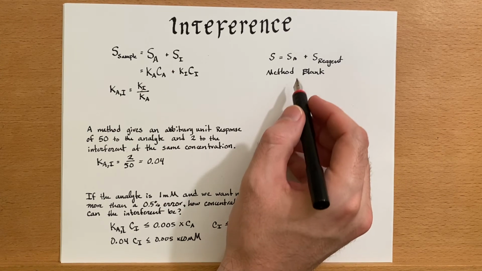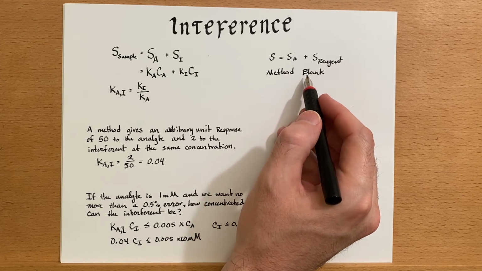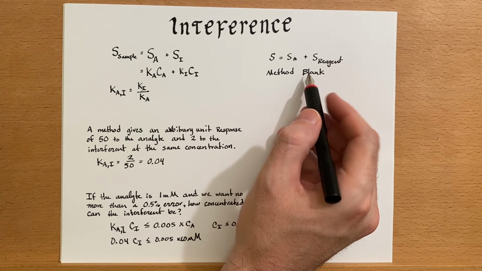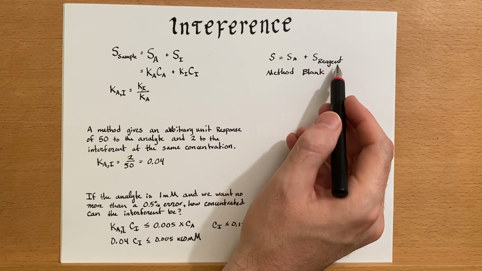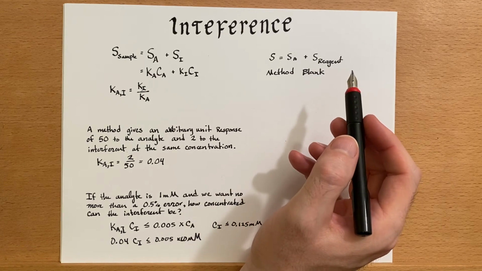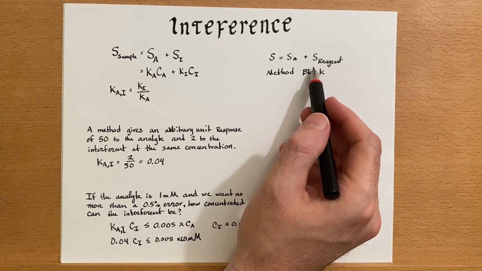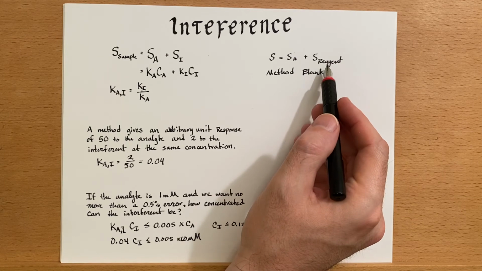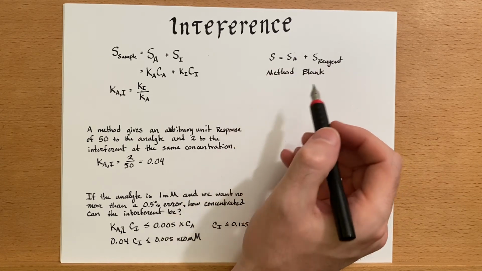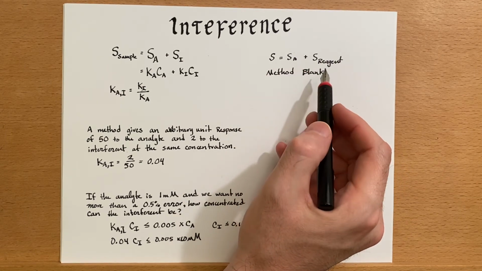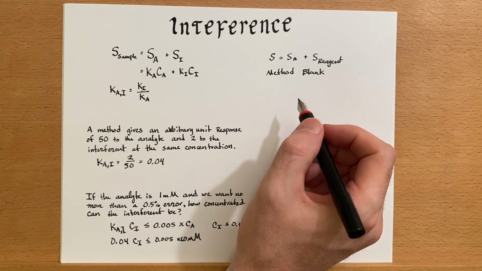But what this will do is it will measure any contribution that comes from the reagents. And if there are interferences contained in the reagents or effects from them, we'll be able to measure that and then subtract that part of the signal out before continuing on with the analysis.